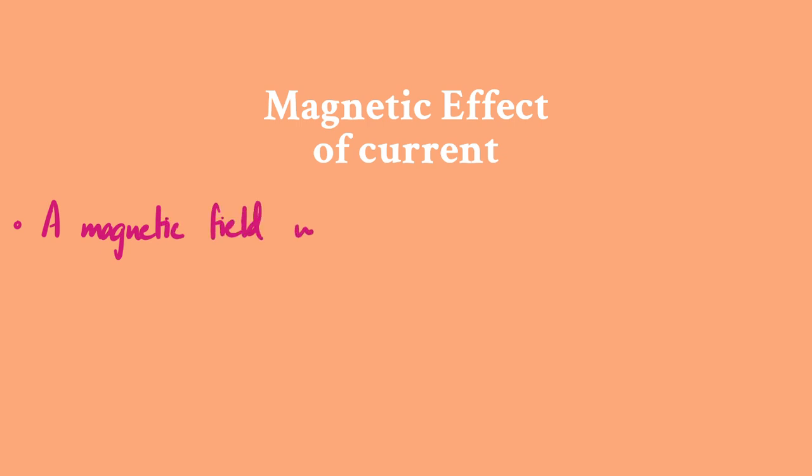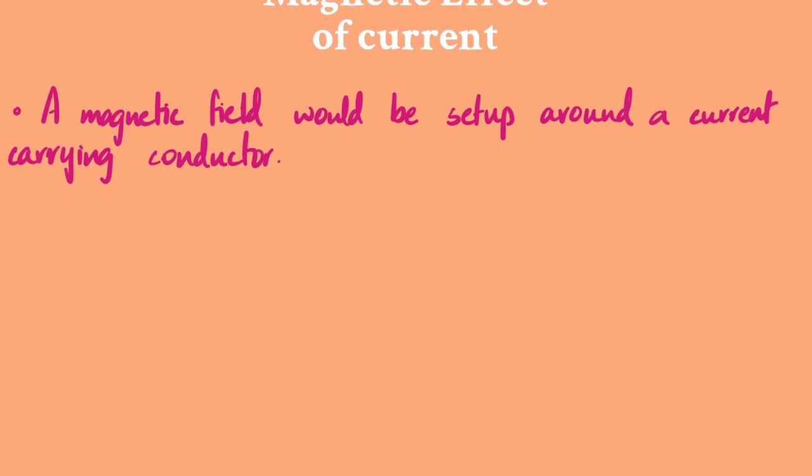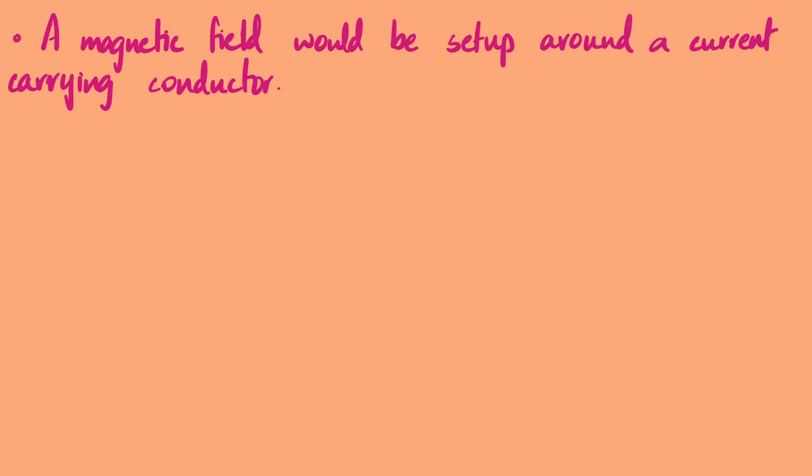So a magnetic field would be set up around a current carrying conductor. So if we have a wire or anything for that matter which has current, there would also be a magnetic field set up around it.